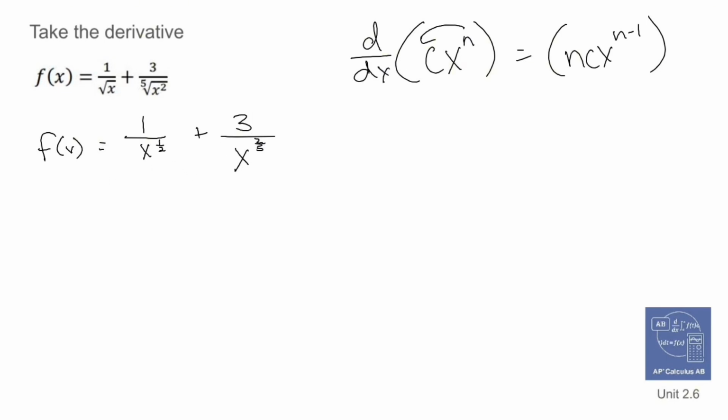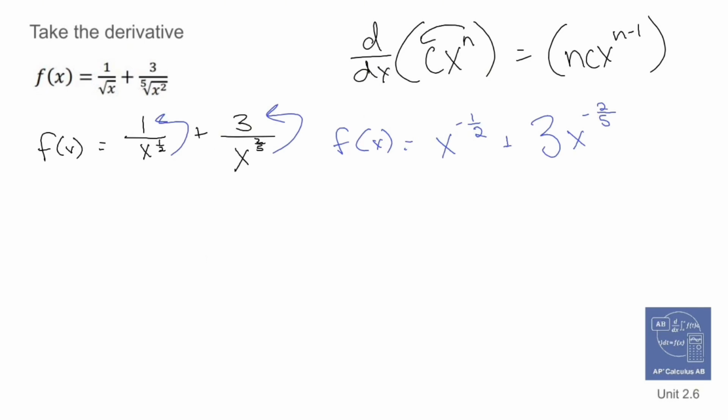So how can I fix that? Well, let's write this out as f of x equals, bring both of you upstairs and make the exponents negative. So 1 over x to the 1/2 is going to be x to the negative 1/2. Plus 3 over x to the 2/5 is going to be 3x to the negative 2/5, like so.